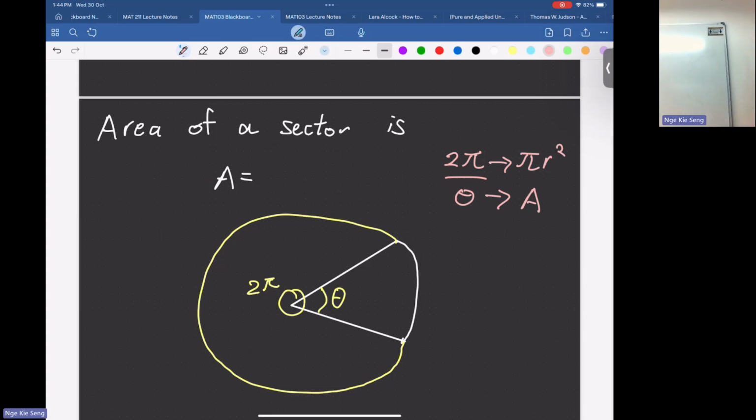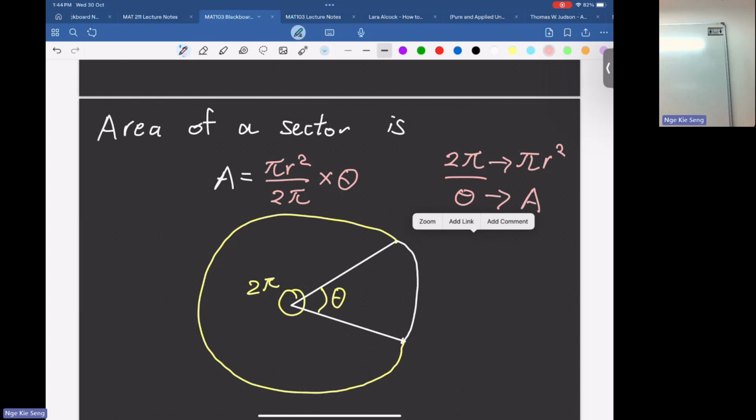How do we calculate it? Yes, cross multiply. Okay, why do we cross multiply? So basically, what do we do? We divide our area into every radian and then pick up whatever radian you need.